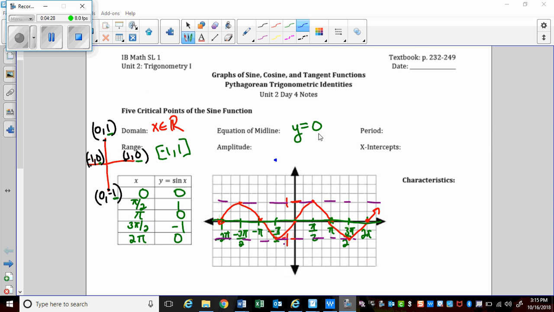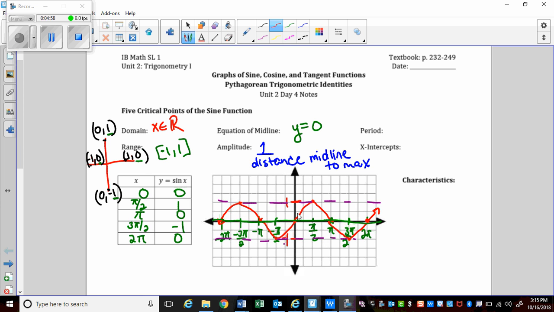So the equation of the midline is y equals 0 in this case, and the amplitude in this case is going to be 1. If there's no number in front of our trig function, there's an imaginary 1 there. So in this case, my amplitude is 1, and this is going to be the distance between the midline to the max.